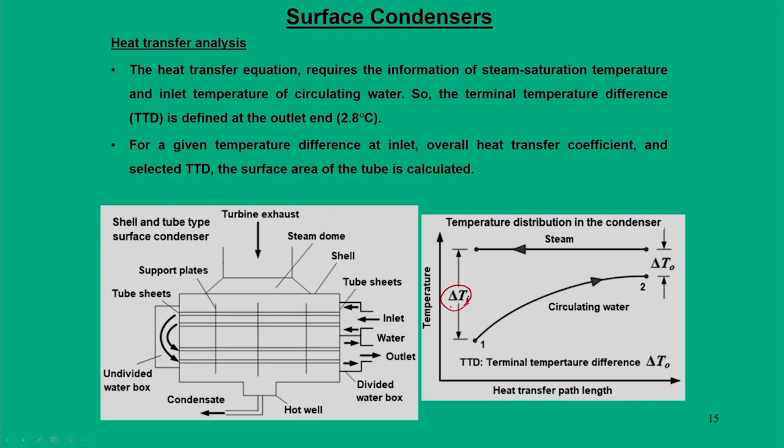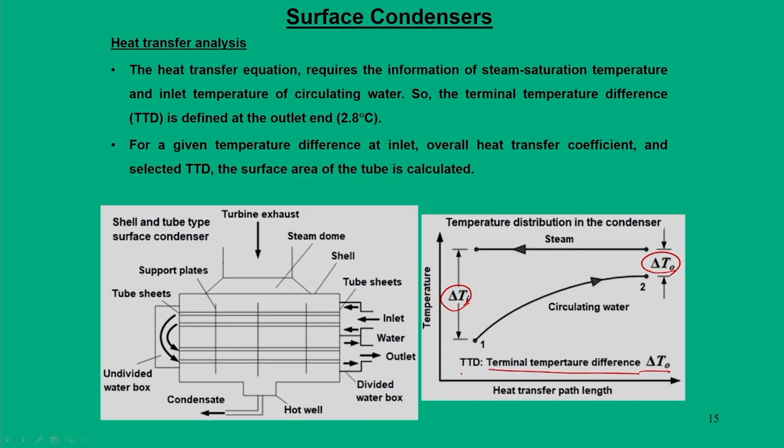It is essentially the arrangement of a counter flow in which one fluid is condensing and the other fluid's temperature is increasing. The other is delta To at the outlet, and from the condenser viewpoint, mainly for surface condensers, we call this the terminal temperature difference.